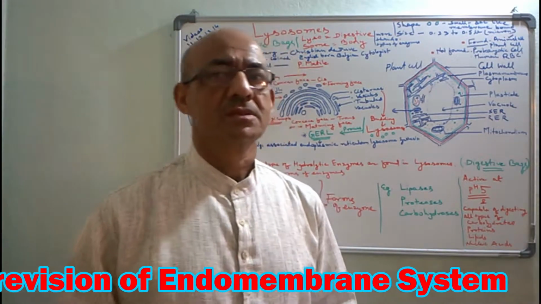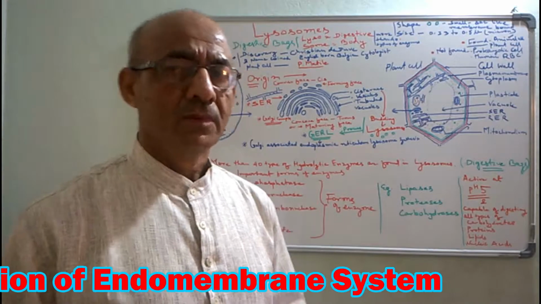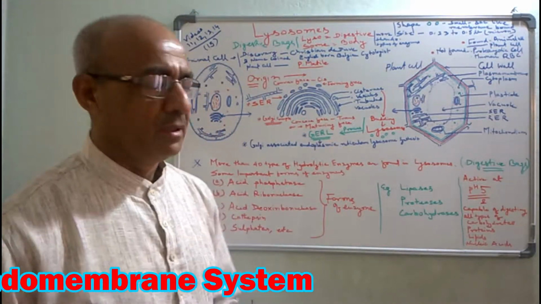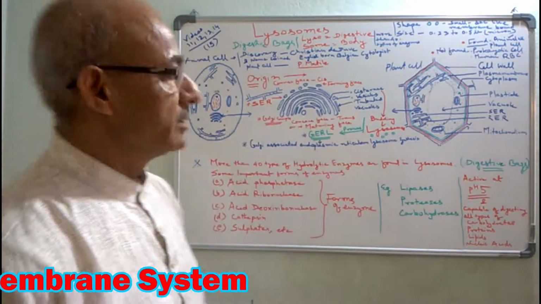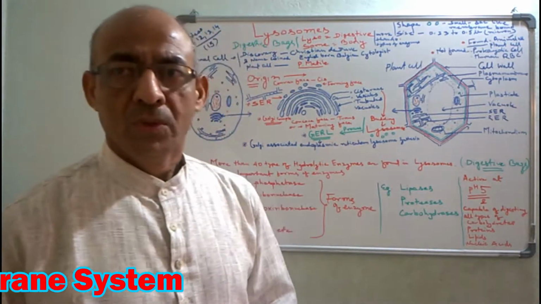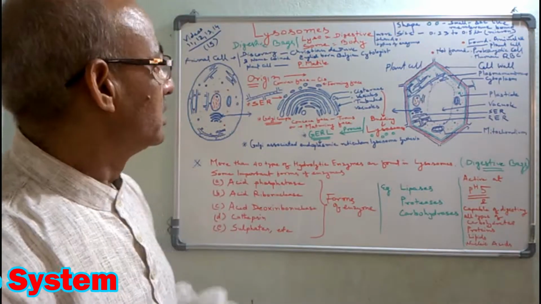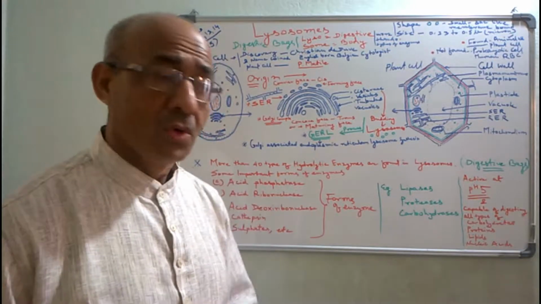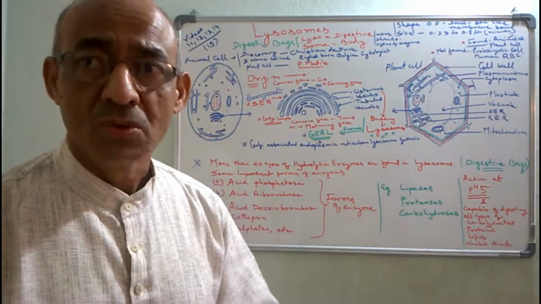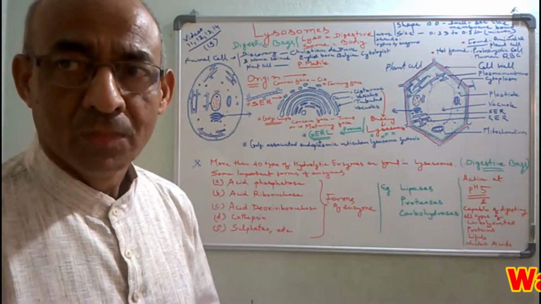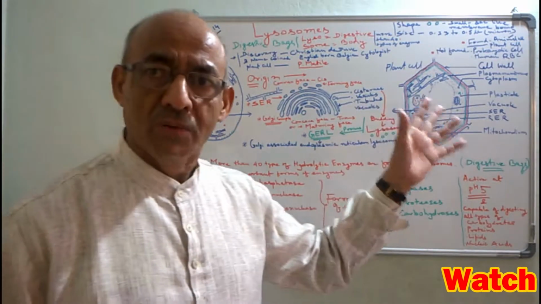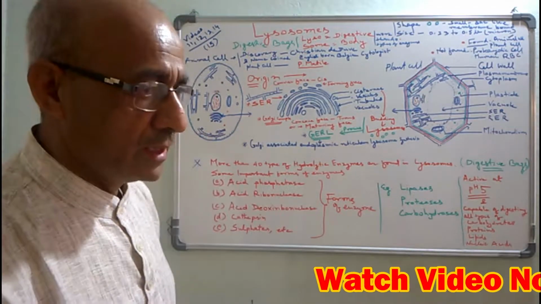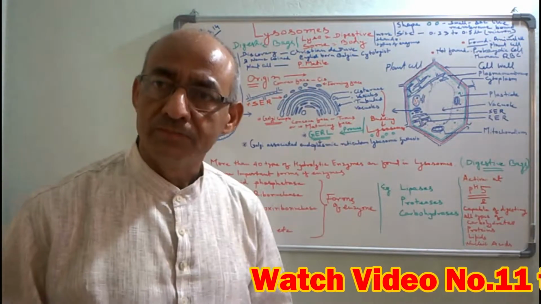Now we will discuss the discovery of lysosomes. There was a great scientist, Christian de Duve, who first discovered lysosomes. Not only did he discover them, he also coined the name of these membrane-bound tiny cell organelles of eukaryotic cells as lysosomes.